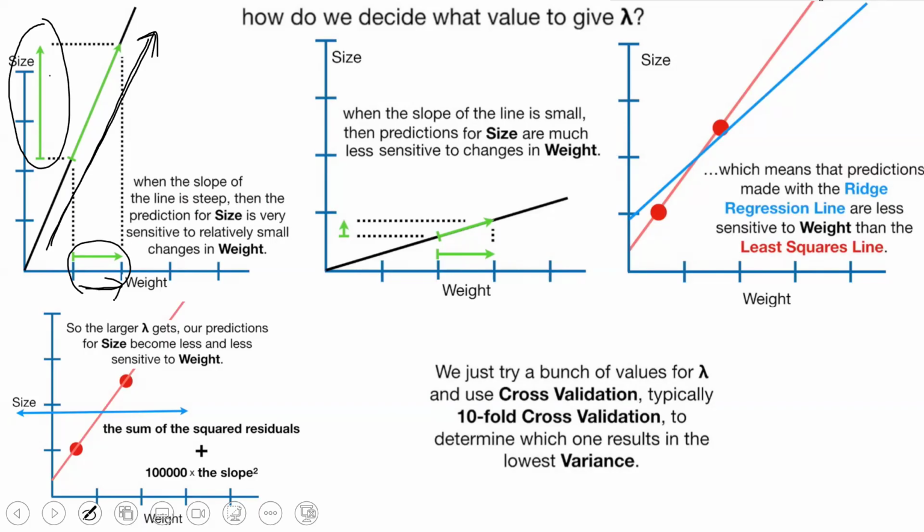When the slope is low, it is much less than that line, so for a larger change in the weight there is only a very small change in the size. The predictions of size are much less sensitive to weight, so unless there is a big change in the weight, the size will not change drastically. But when the slope is very steep, the size will change drastically with a small change in the weight.